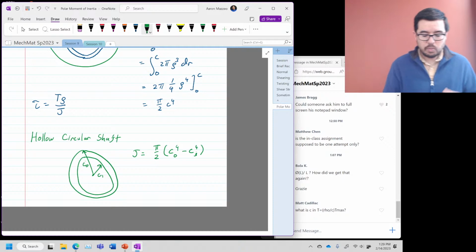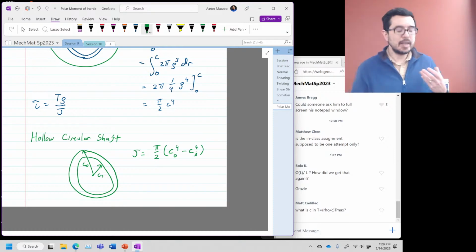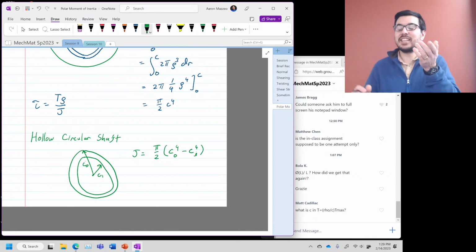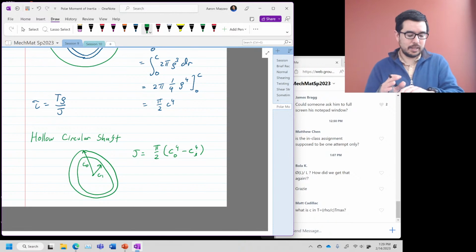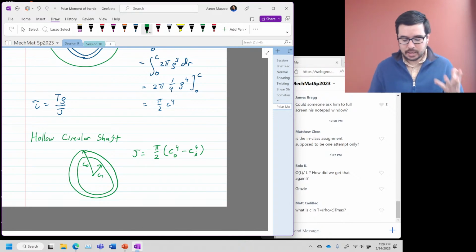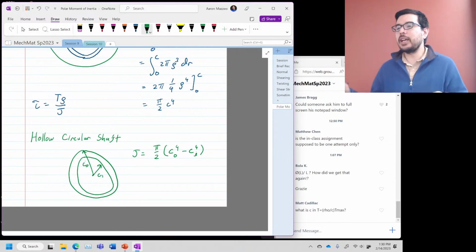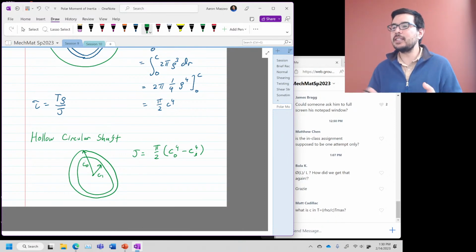And we'll have another term which is called I, and that's going to end up being pi over 4 times C to the 4th. The way I try to keep track of these is that I comes before J in the alphabet, so I is less than J. So the J one is pi over 2, the I one is pi over 4, and that's less than the J one.